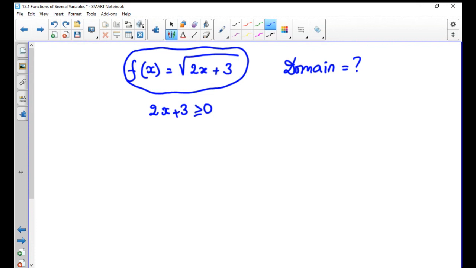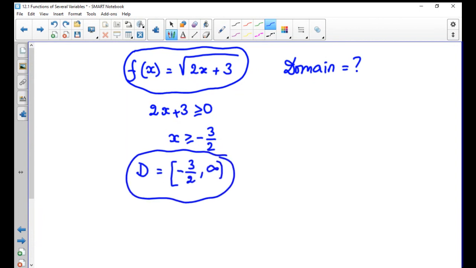No. So that means the domain of this function, I will find it by solving 2x plus 3 greater than or equal to 0, which of course will give us x greater than or equal to minus 3 over 2. So I could say that the domain of this function are all the numbers from minus 3 over 2 to infinity.